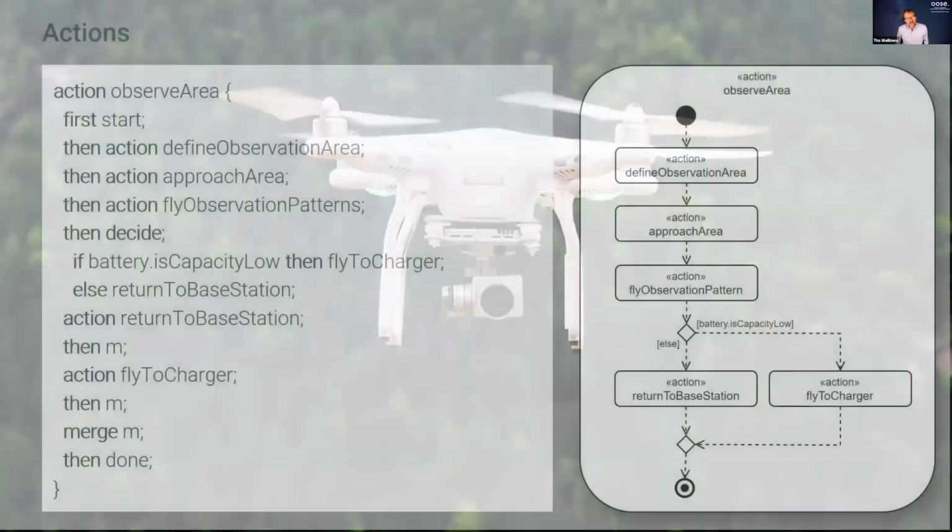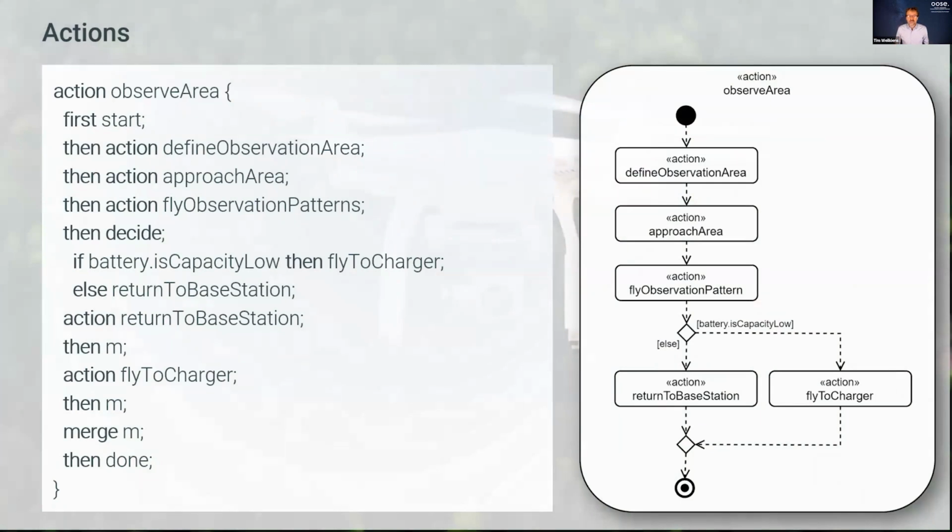One is the modeling of actions. Actions specify the execution order of tasks performed by the system. You see on the right side the graphical notation. This is quite intuitive and similar to other languages which can specify processes. And if you already know UML or SysML v1, it looks quite the same as the so-called activity diagrams.